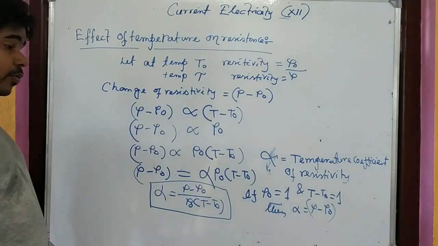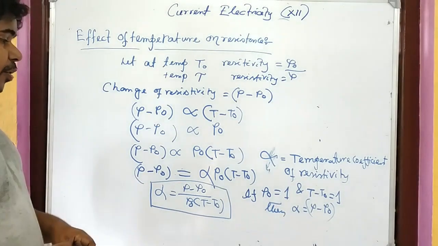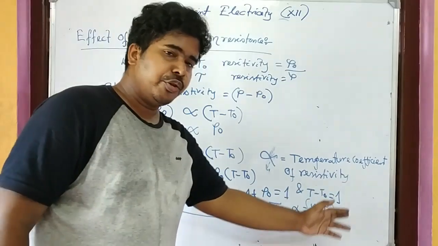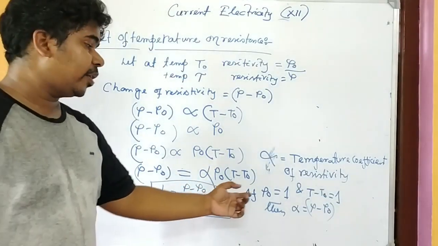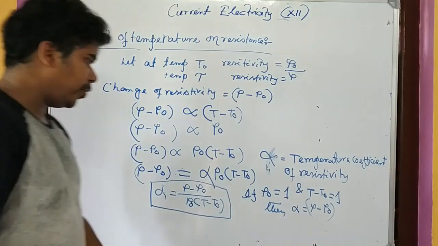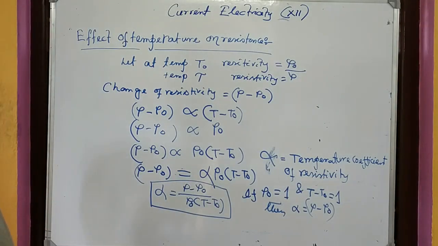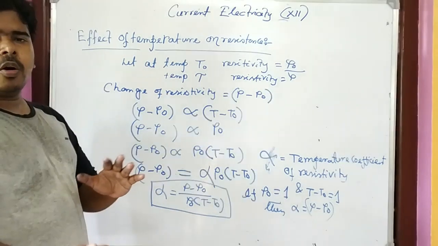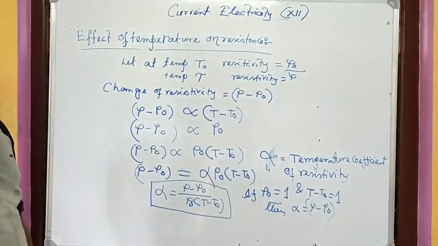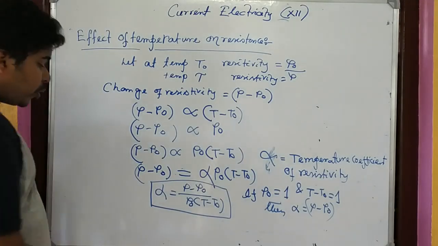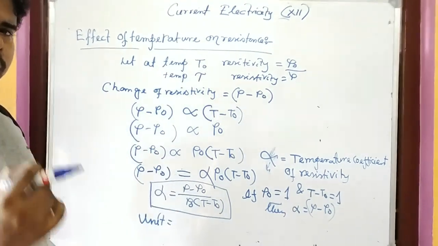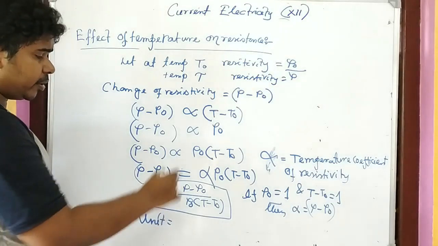Exactly the same as class 11, you see. We can define it this way: if I increase the temperature by a unit for a unit resistivity, then the change in resistivity is the temperature coefficient of resistivity. As for the unit, rho minus rho 0 is in the unit of resistivity, and rho is also in the unit of resistivity, so they cancel out.